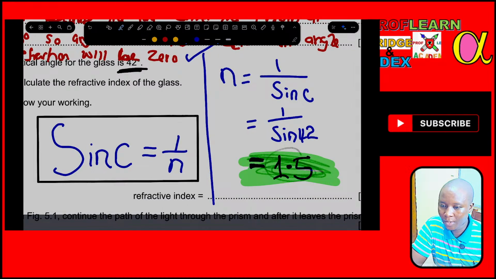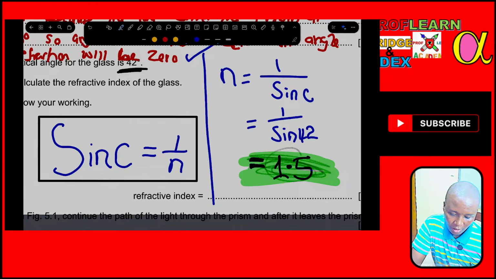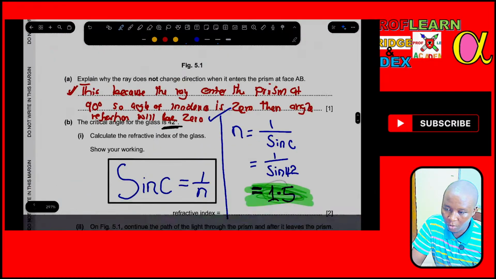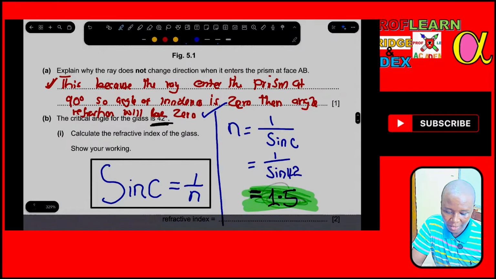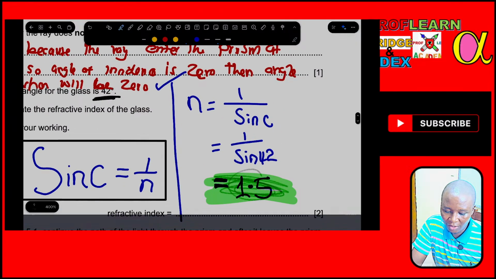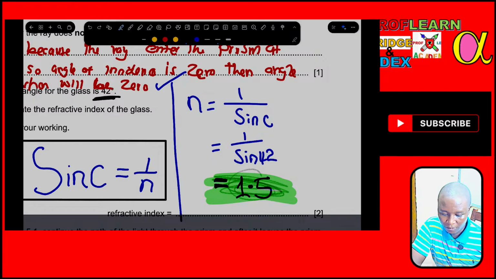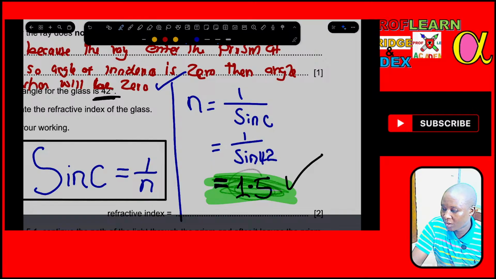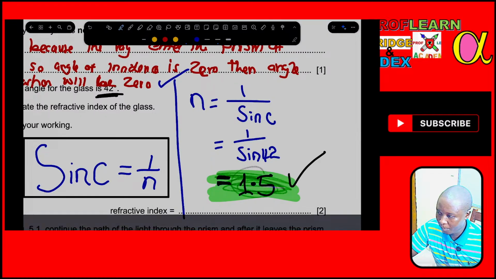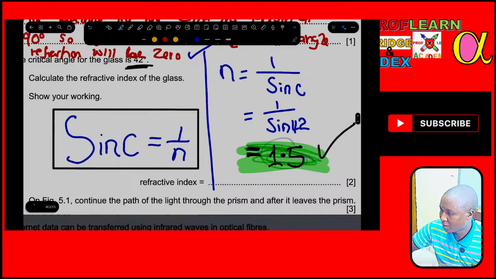Then they could use it at this point, because the 1 over sine of the critical angle will be our refractive what? Refractive index. So if you do that, 1 over sine 42 will give you 1.5, and that's what candidates were supposed to do at that given point.